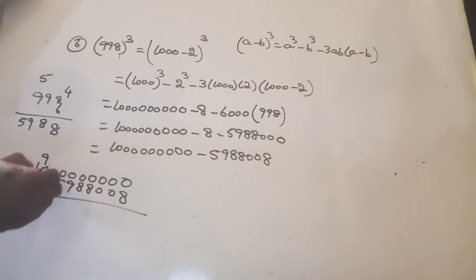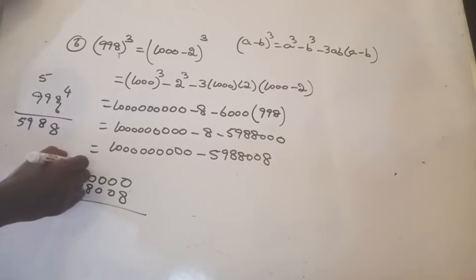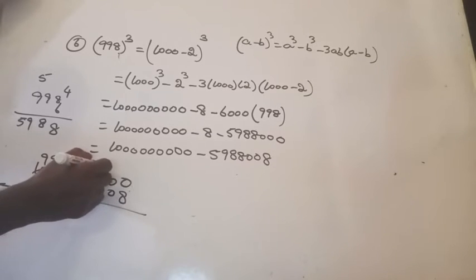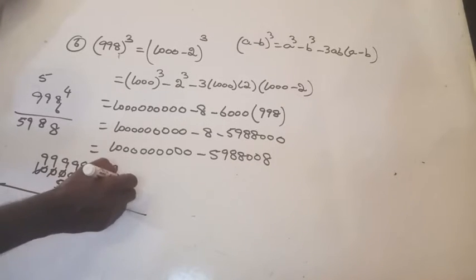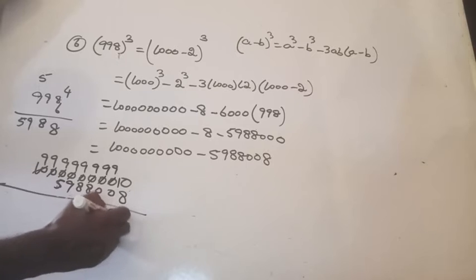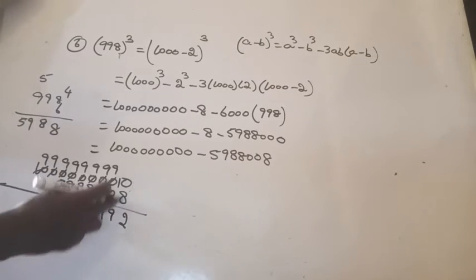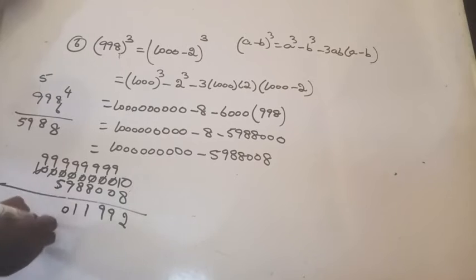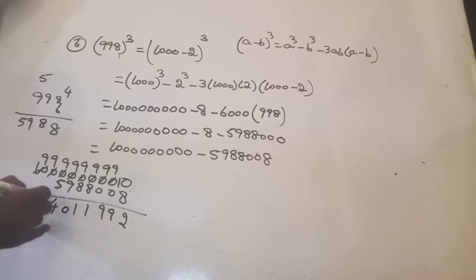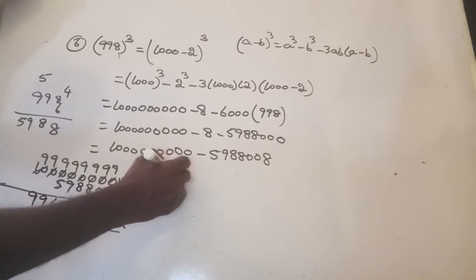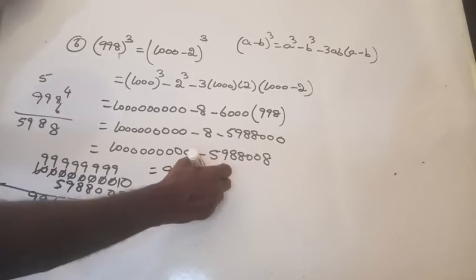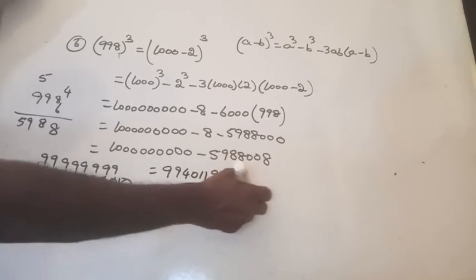It's 9, 9, 9, 9, 9, 9. 10 minus 8 is 2. 9 minus 8 is 1. 9 minus 8 is 1. 9 minus 9 is 0. 9 minus 5 is 4. 9940, 1199. This is the answer.